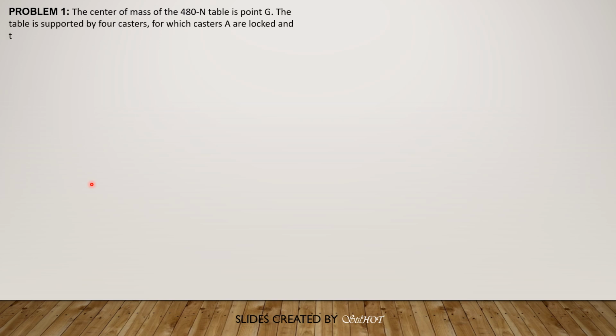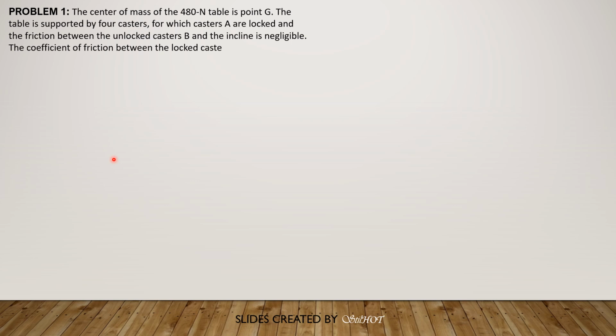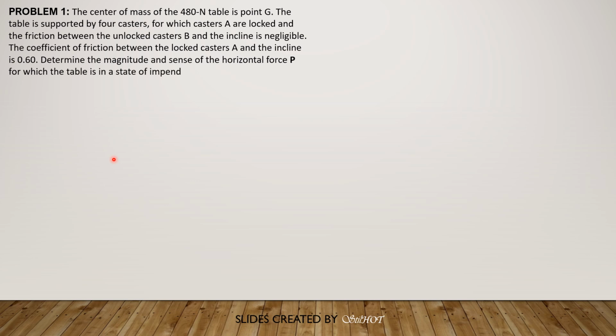So for the first problem, the center of mass of the 480 Newton table is point G. The table is supported by 4 casters, for which casters A are locked, and the friction between the unlocked casters B and the incline is negligible. The coefficient of friction between the locked casters A and the incline is 0.6.